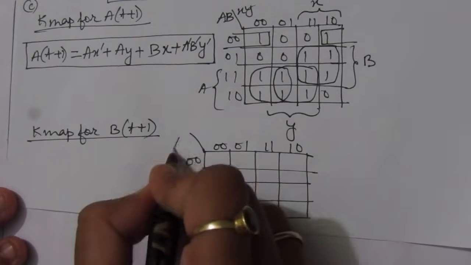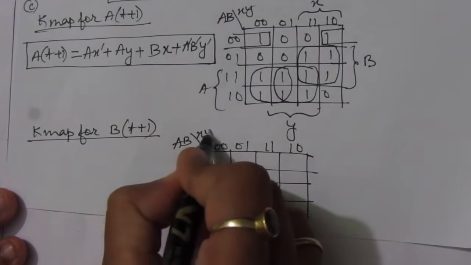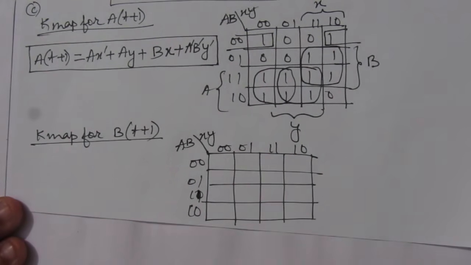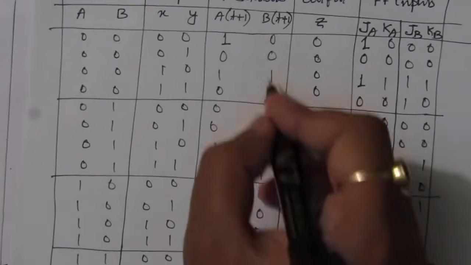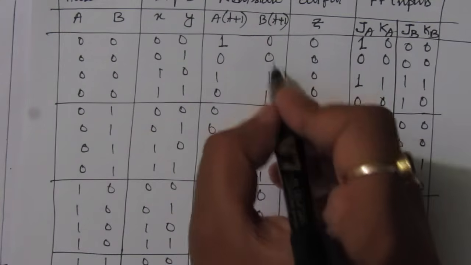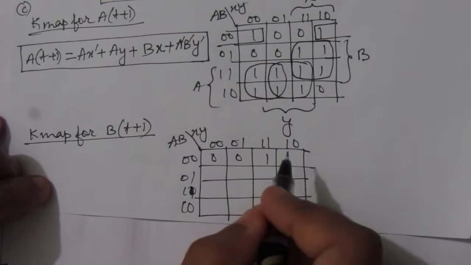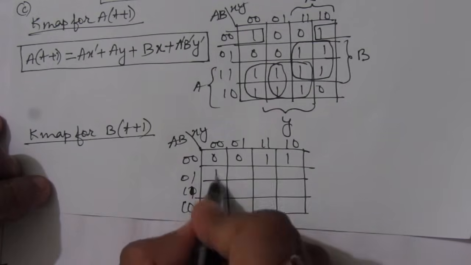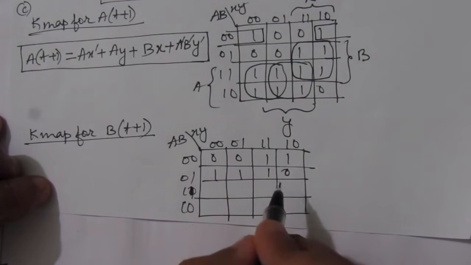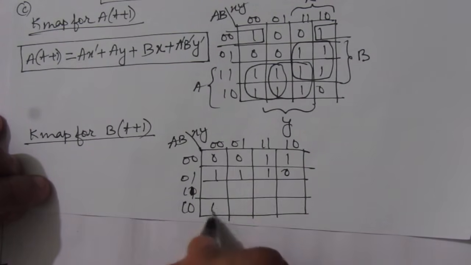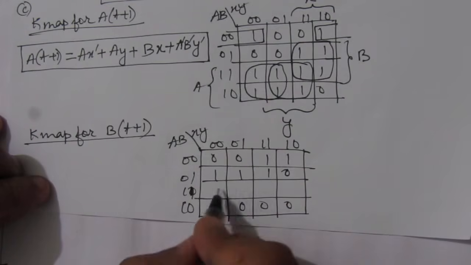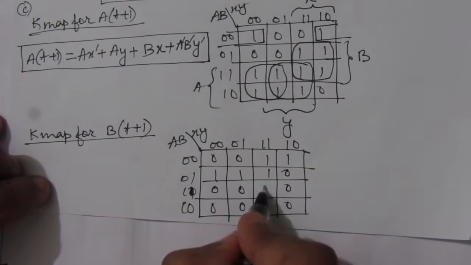So we have A, B, X, Y. Now we have to fill up this table with these values. So we'll have 0 0 1 1 1 1 0 1, 0 0 1 1, and we have 1 1 0 1 1 1 0 1. Next all the values are 0 0 0 0 0 0 0 0 0.